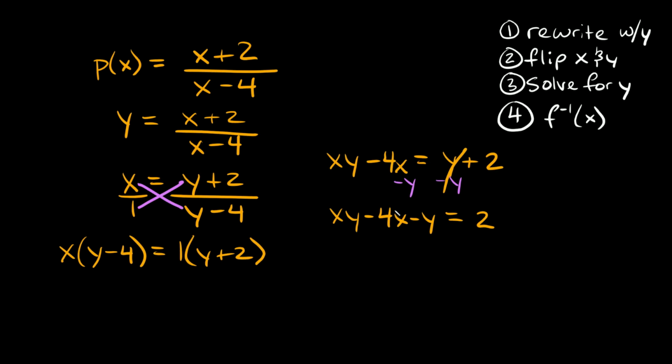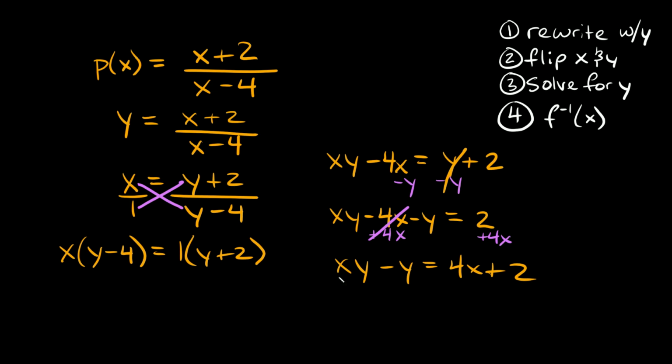And then this 4x, let's move it to the other side since it doesn't have a y attached to it. Let's add 4x to both sides. Here they cancel out, so we're left with xy minus y is equal to 4x plus 2.